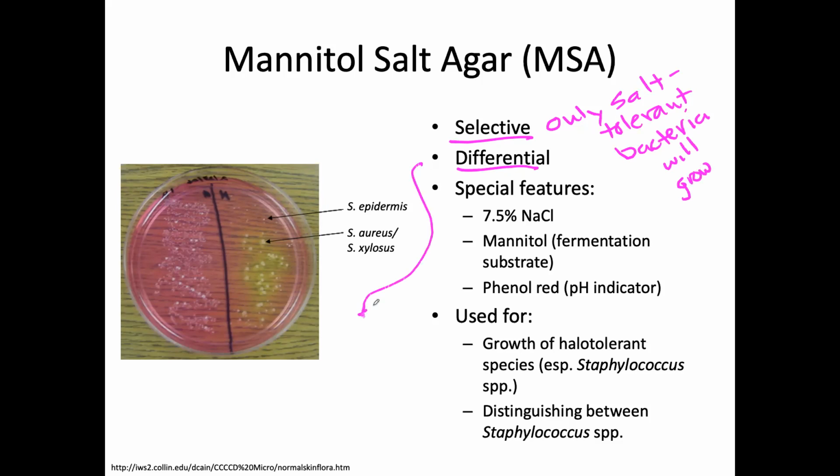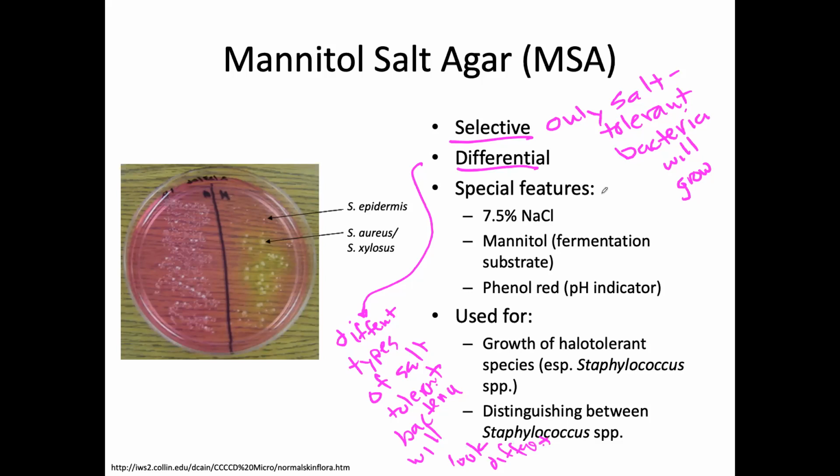Differential means that different types of salt tolerant bacteria will look different. So it's got a lot of salt in it, just high salt.